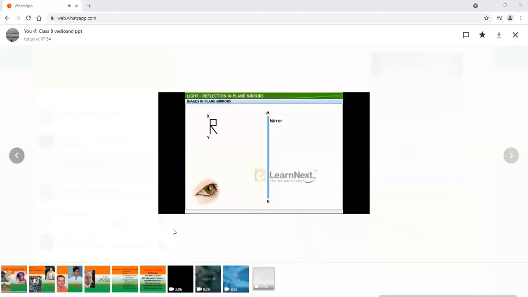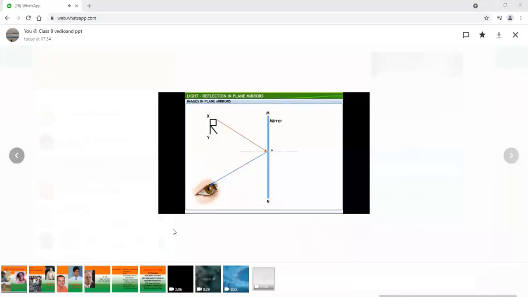From point X on the object, consider a light ray incident on the mirror at point A. According to the laws of reflection, the angle of incidence is always equal to the angle of reflection. Observe the angle of the incident ray as it reflects and travels to the eye of the observer.